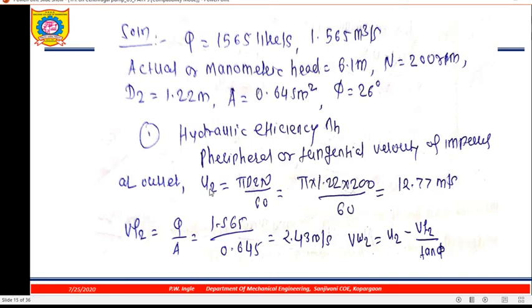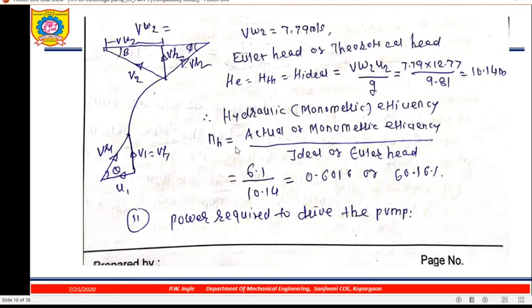So you have to calculate U2, then VF2, then VW2, of course by using the velocity triangle. Then theoretical head is VW2 U2 by g. Then hydraulic efficiency is actual head to the ideal head, that is actual manometric head.